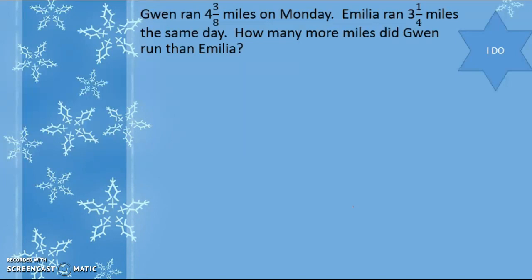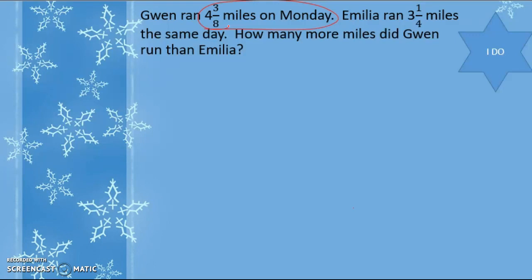For example, Gwen ran 4 3/8 miles on Monday. Emilia ran 3 1/4 miles the same day. So that means it was Monday. How many more miles did Gwen run than Emilia? I know I'm making a comparison because I see the word than.